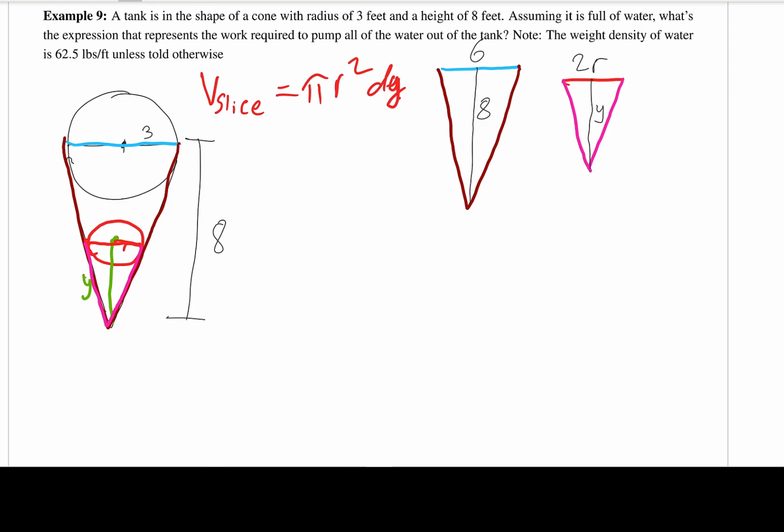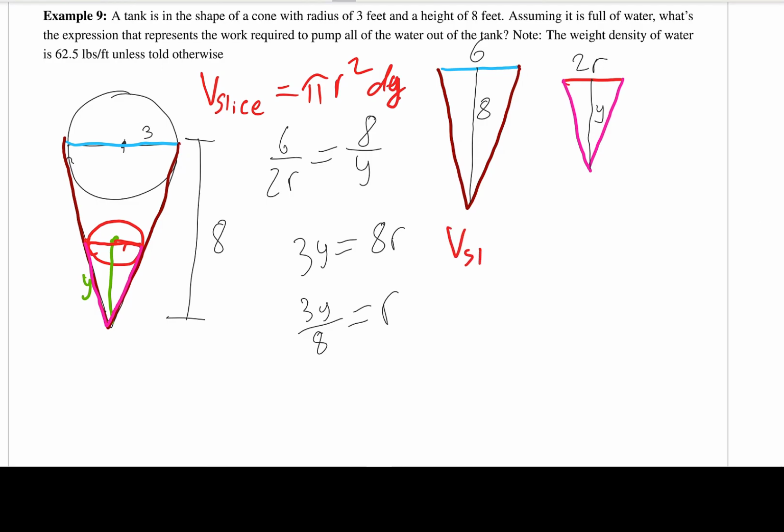So that tells me that 6 over 2r is equal to 8 over y. Multiplying across, I'm going to do 6 divided by 2 first. 6 divided by 2 is 3, so we'll have 3y is equal to 8r, which tells me that 3y over 8 is equal to r.